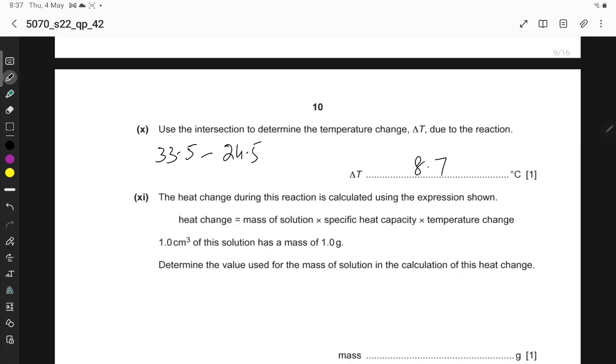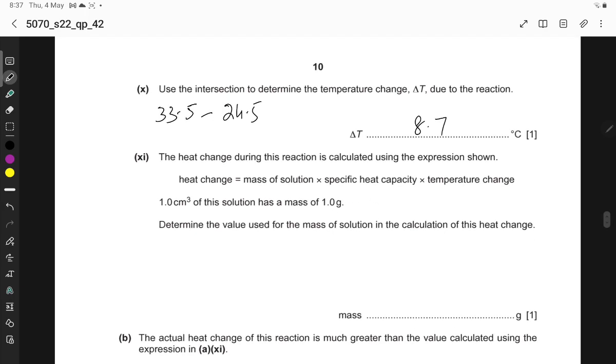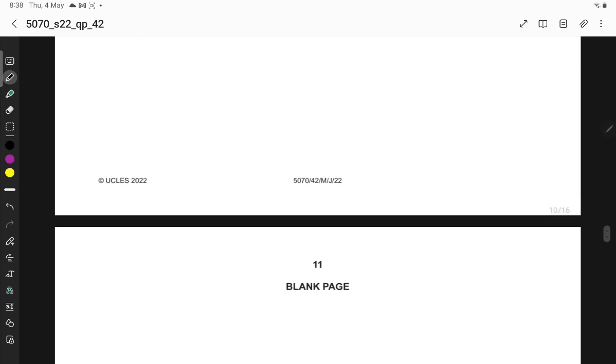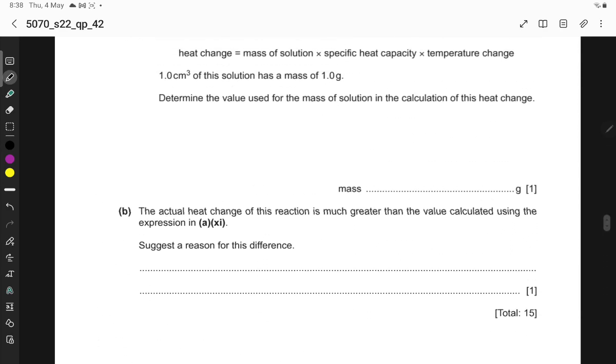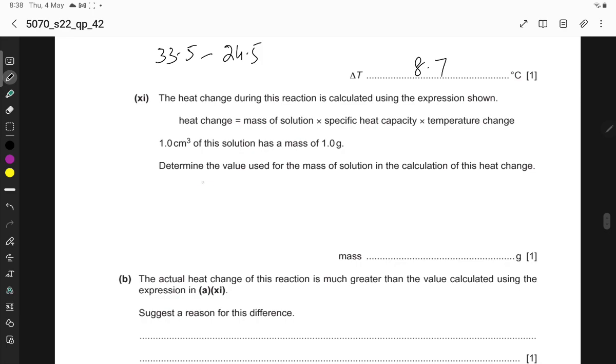The heat change during this reaction is calculated using the expression shown. Heat change is equal to mass of solution times specific heat capacity times temperature change. 1 centimeter cube of this solution has a mass of 1 gram. Determine the value used for the mass of solution in the calculation.